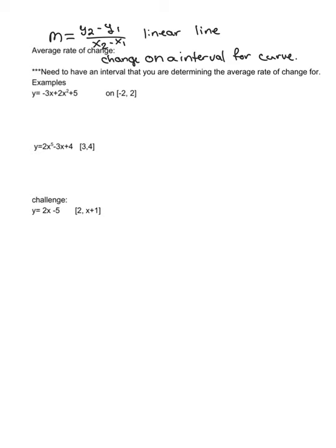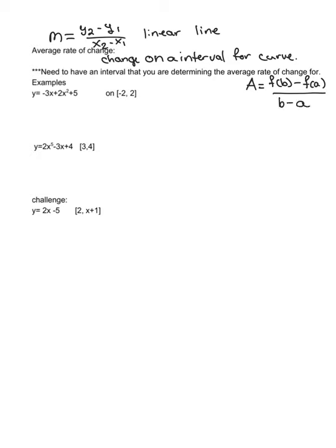The formula is very similar to the slope. Average rate of change, this formula is f of b minus f of a, which is the y at point B and the y at point A, over b minus a.